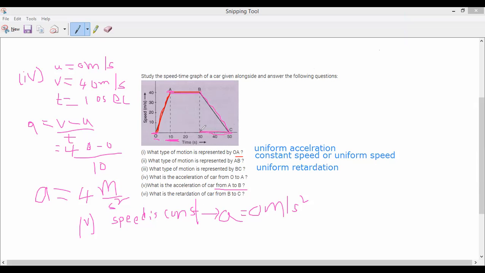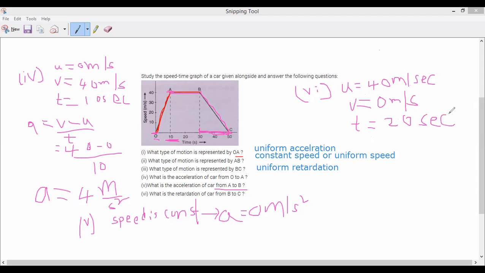So 50 minus 30, the time period is equal to 20 seconds.